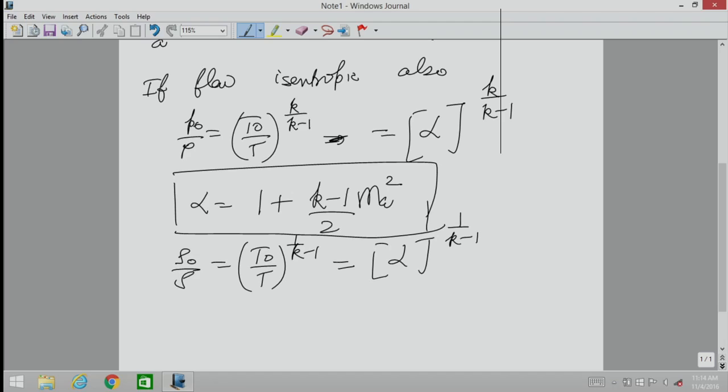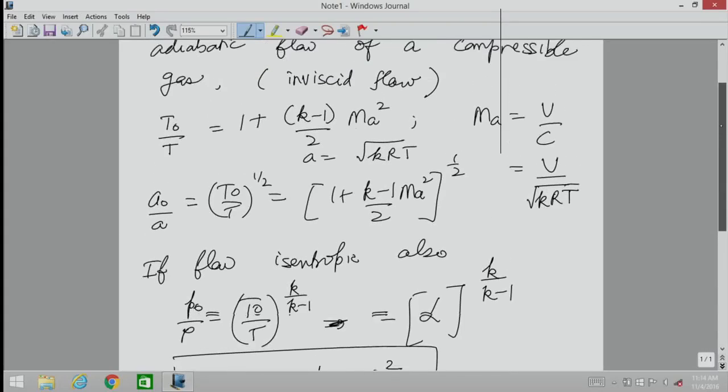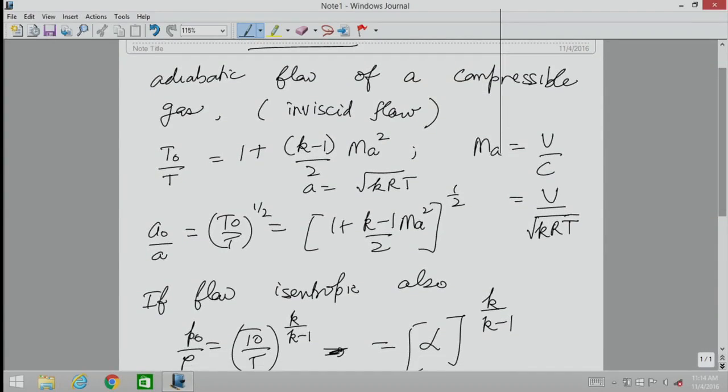So, what I have written here, let me just start from the start. We had discussed some aspects of compressible flows and supersonic flows, and after that we came to the equations.